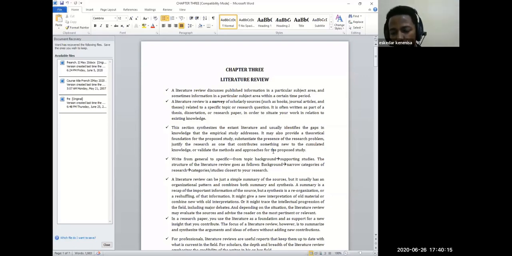Therefore, in the literature review, it is better to write it from the general into the specific. You can organize your background in this way. For any literature review in academics, literature reviews are useful reports, but they have to be up to date with what is current in the field.